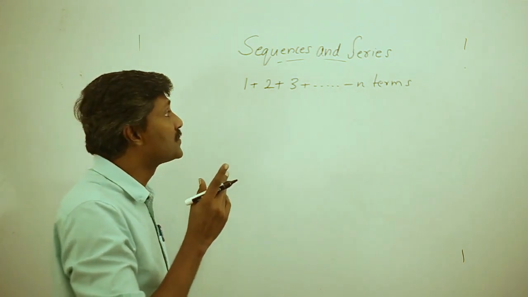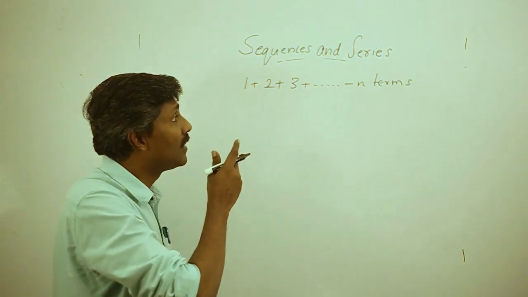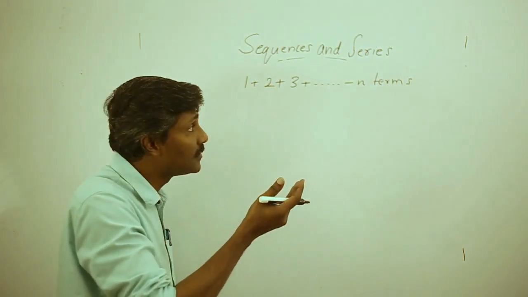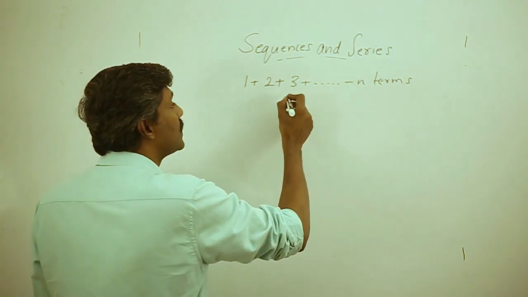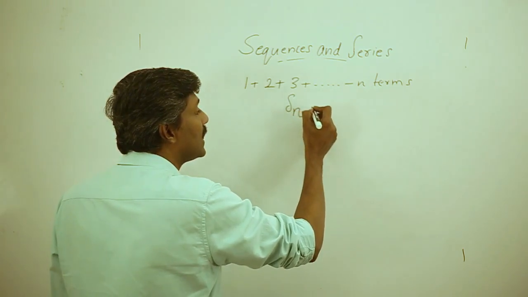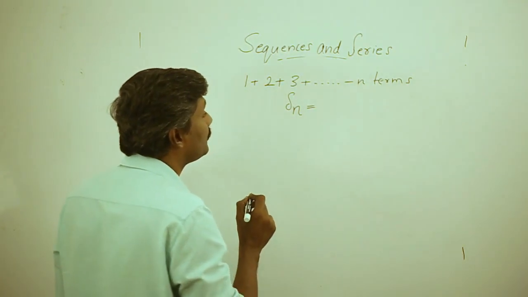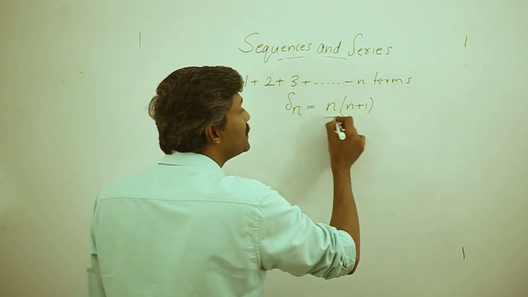The first term is 1, second term is 2, 3, 4, etc. So these are nothing but the sum of the first n terms of natural numbers. Okay, just remember this, the sum of first n terms of natural numbers is n into n plus 1 by 2.